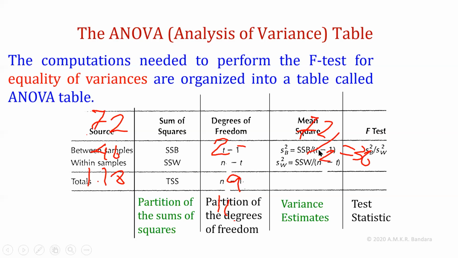Here it is 36. Here, within sums of square divided by their degrees of freedom, it is 46 divided by 9, equal to 5 point something.